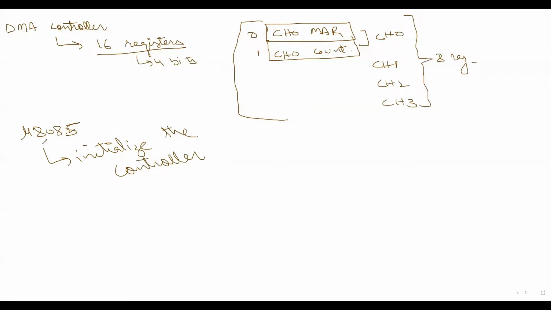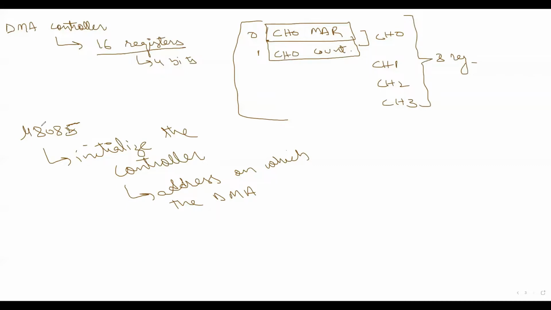It means that the microprocessor has to send the address on which the DMA controller can write. For example, the DMA controller should not write on any address in the memory. It should only write in those addresses which it is given access to by the microprocessor 8085.